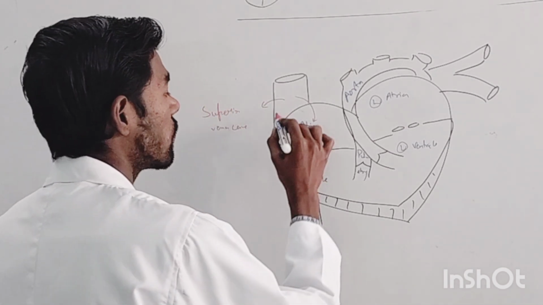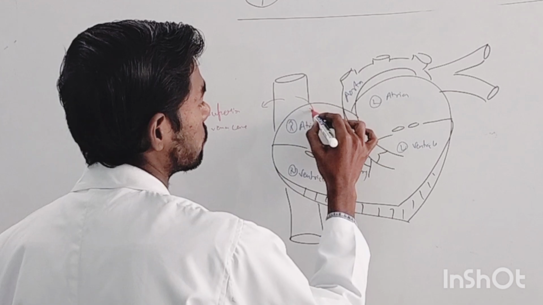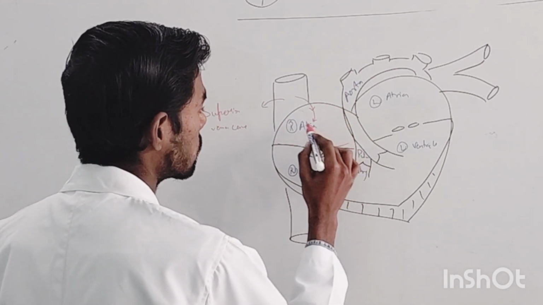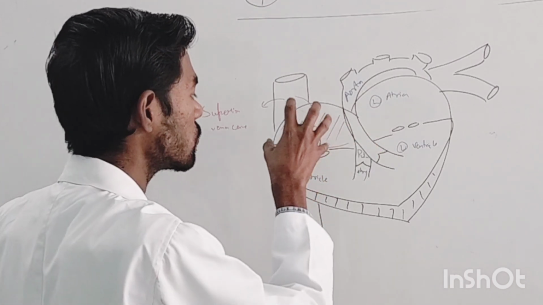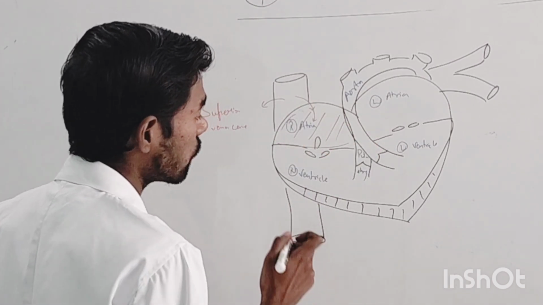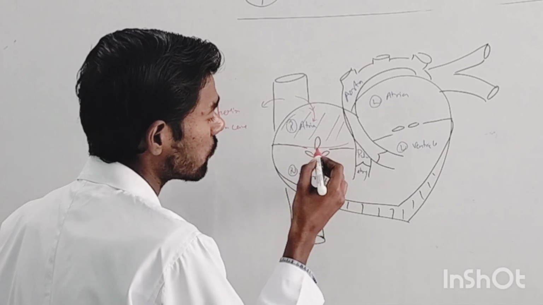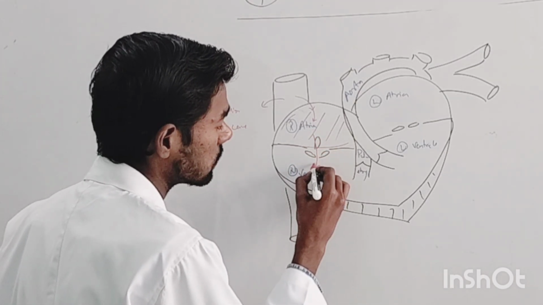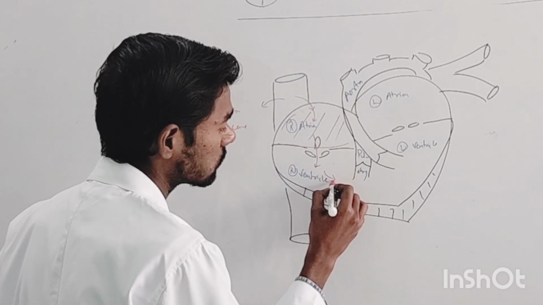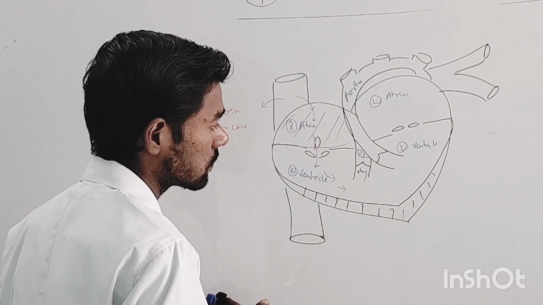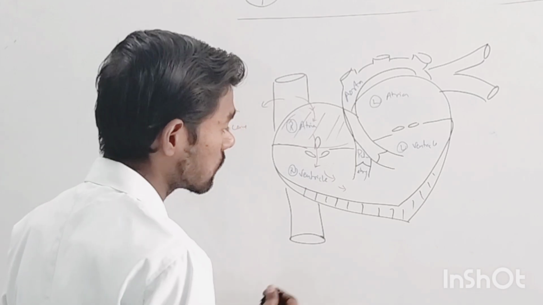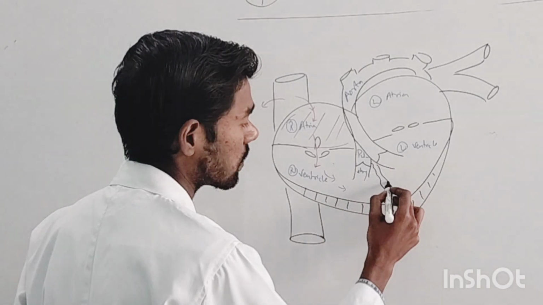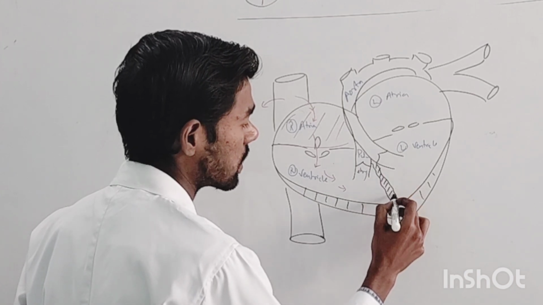The blood first comes in the atria, and when the atria is fully filled with blood, it forces the valve, and due to the force the valve gets open and the blood flows into the ventricles. I forgot to draw the interventricular wall, which separates the right ventricle and the left ventricle.